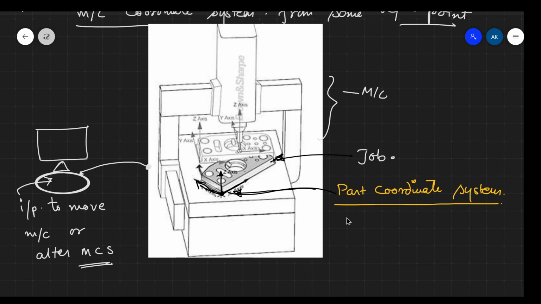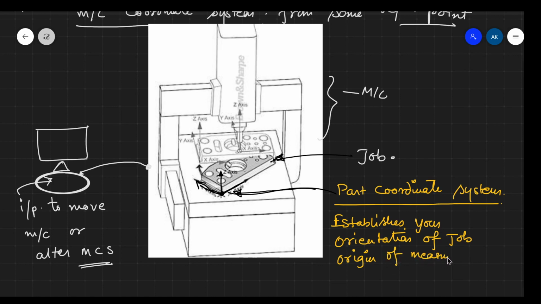It establishes the orientation of the job, of course, the origin of measuring systems on the job, and the frame of reference in which part feature locations are defined.